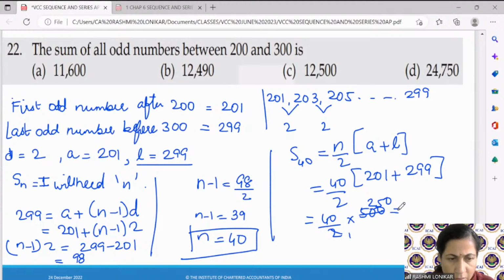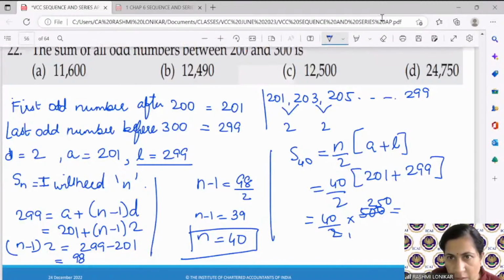299 minus 201, 98 divided by 2 is 49. Okay. This is incorrect. Sorry for the mistake. 98 upon 2 is 49.